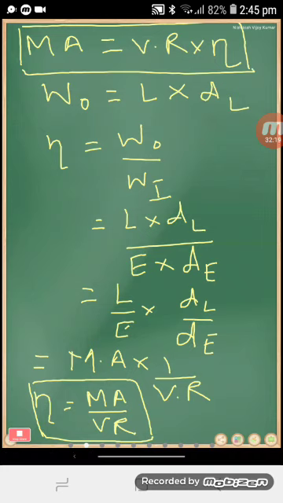All right, this gives a relationship between the mechanical advantage and efficiency. Now let us consider the cases for the ideal machine and your actual machine. Okay, now with this relationship, efficiency is equal to mechanical advantage by velocity ratio.